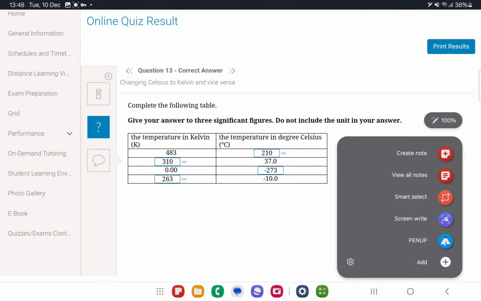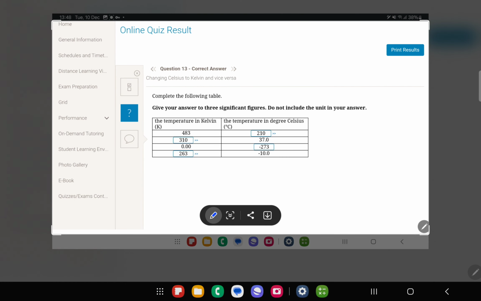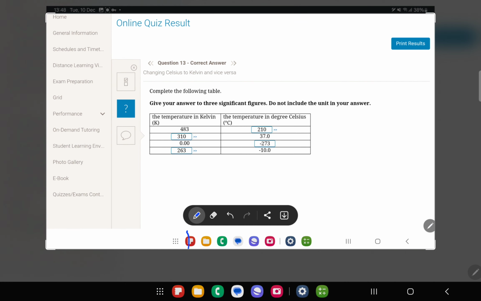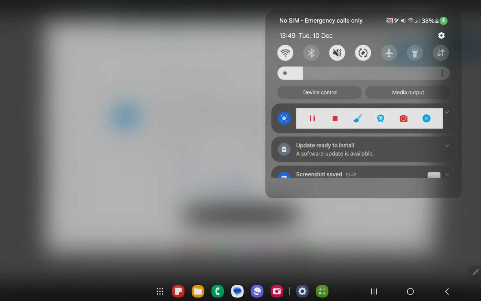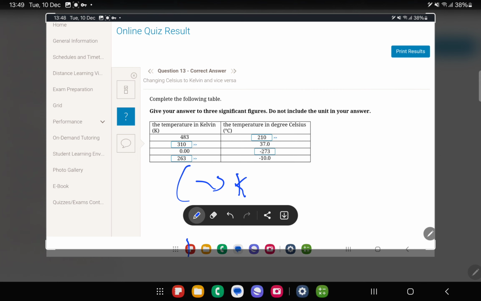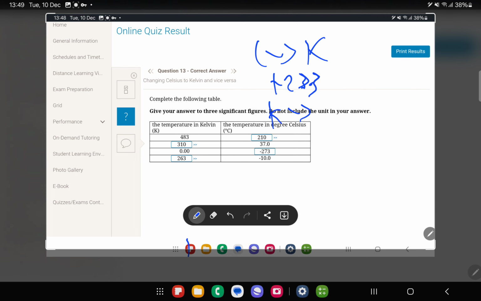Now question 13. This is easy. We just use the same thing I told you before to convert from C to K. I'll just write it down. From C to K, we add 273, and from K to C, we subtract 273.